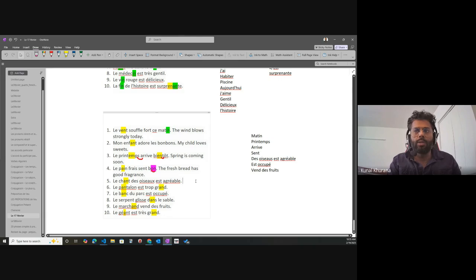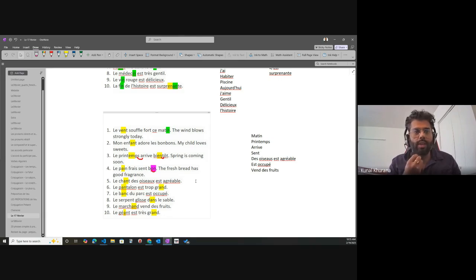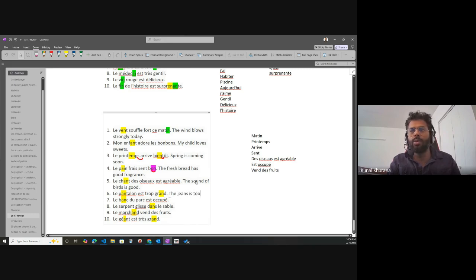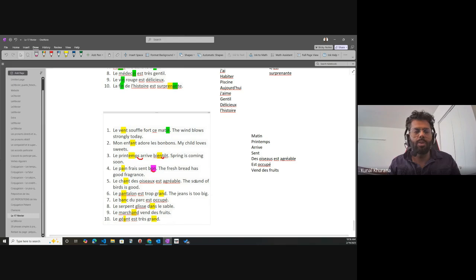Les chants des oiseaux est agréable. The chant, so when the birds are singing, the sound of birds is agreeable, or it's good, kind of. Le pantalon est trop grand. So the jeans are too big, or the pants. It could be any jeans or cargo or anything.